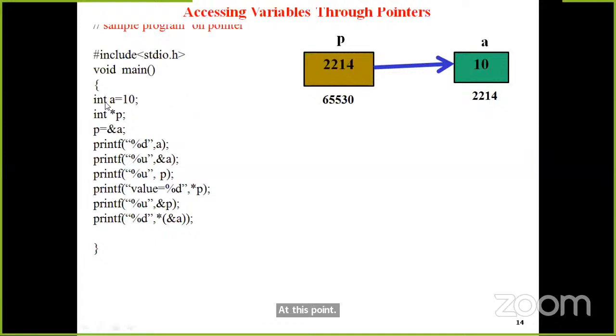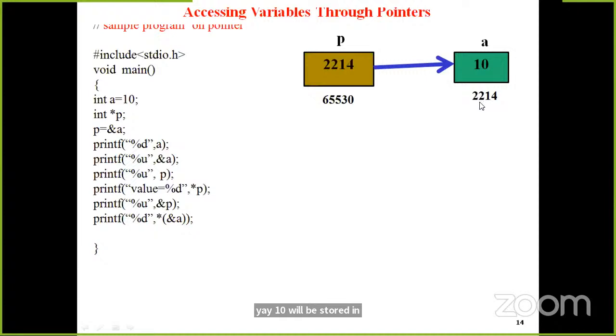We started with main and int a equal to 10. A equal to 10 means what? Initially, this pointer will not be there. In A, 10 will be stored in some particular location, 2214.